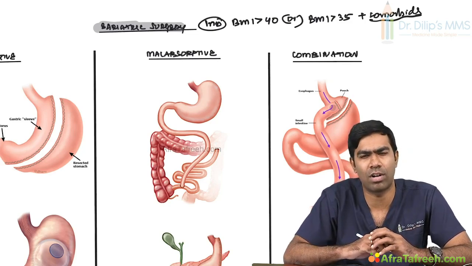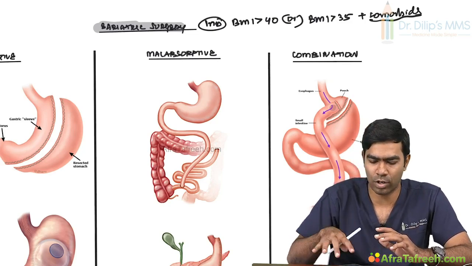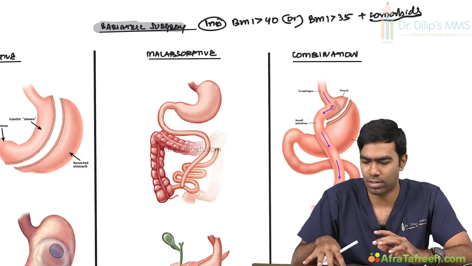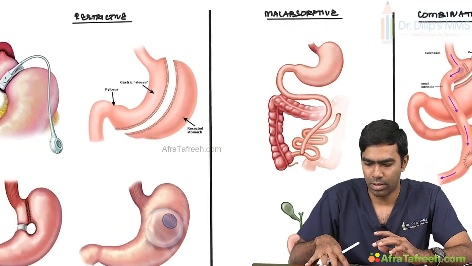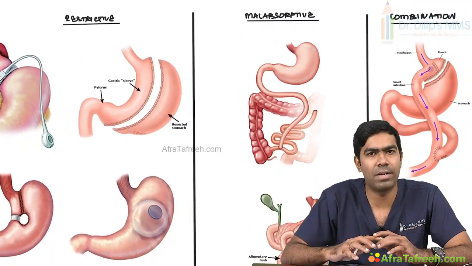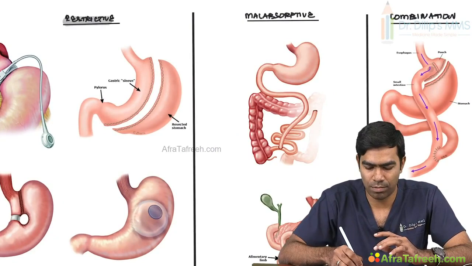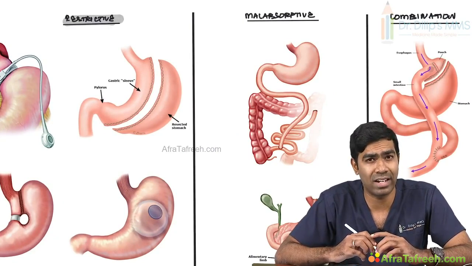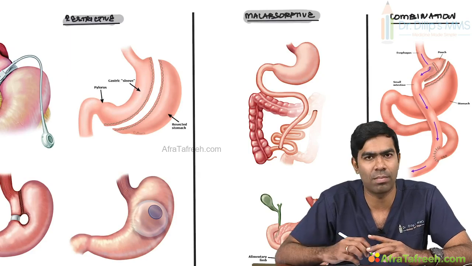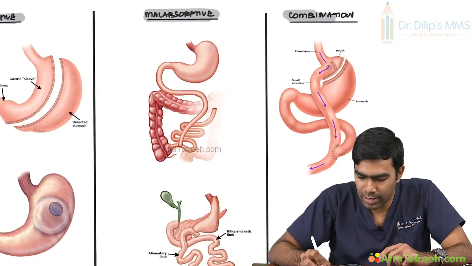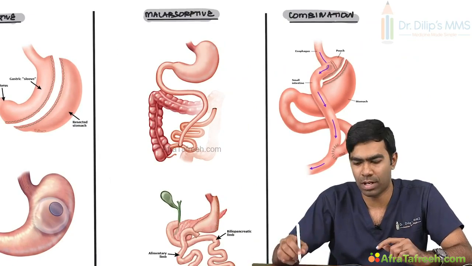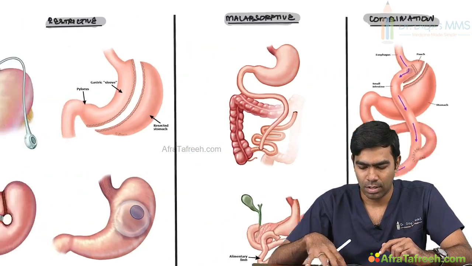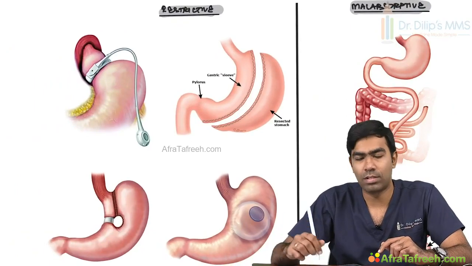That is going to respond dramatically to bariatric surgery, according to many randomized controlled trials. Basically, bariatric surgeries can be divided into three. The first category is restrictive surgeries, the second is malabsorptive surgeries, and the third is a combination of restrictive and malabsorptive procedures.